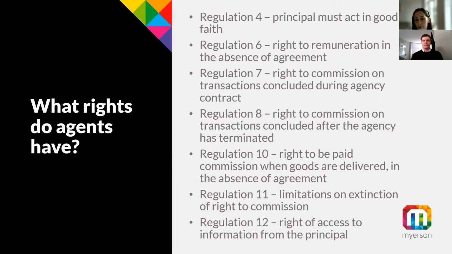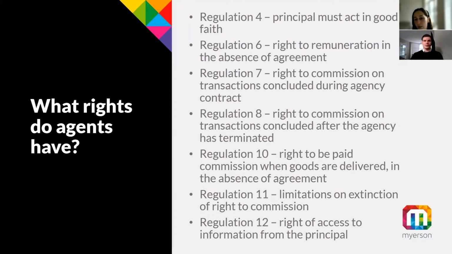If a principal does act poorly towards the agent, then it could be found to be in breach of the duty of good faith and in breach of the regulations. And as I say, this is something which should be avoided, as it could mean that the principal is liable to the agent for a claim in damages. And indeed, if the breach is serious enough, the conduct of the principal may entitle the agent to bring the agency to an end, to terminate the agency himself, and would still give rise then to a right for the agent to claim post-termination payments.